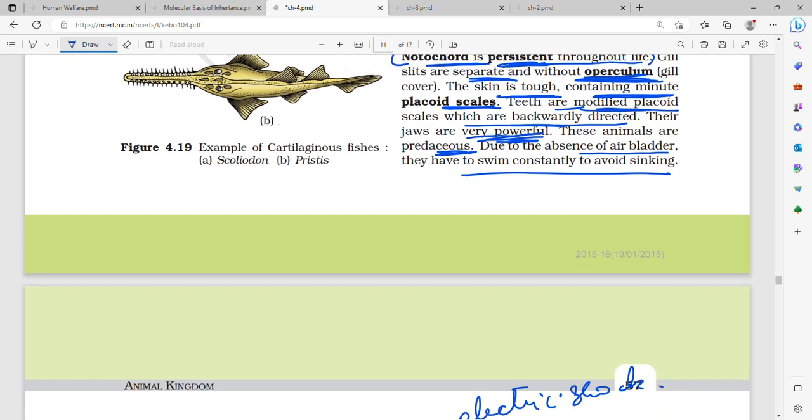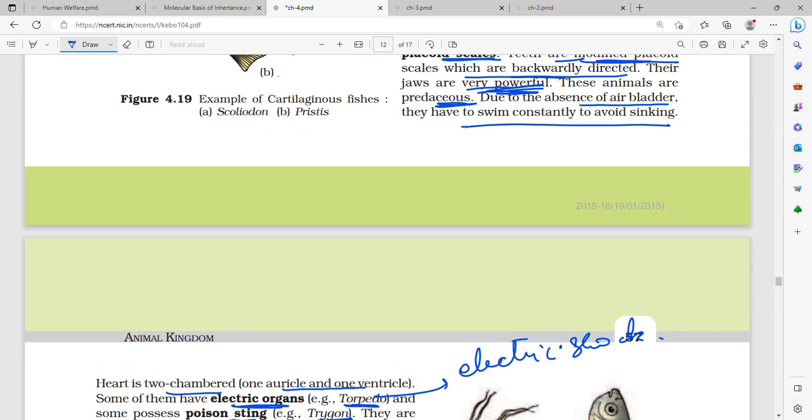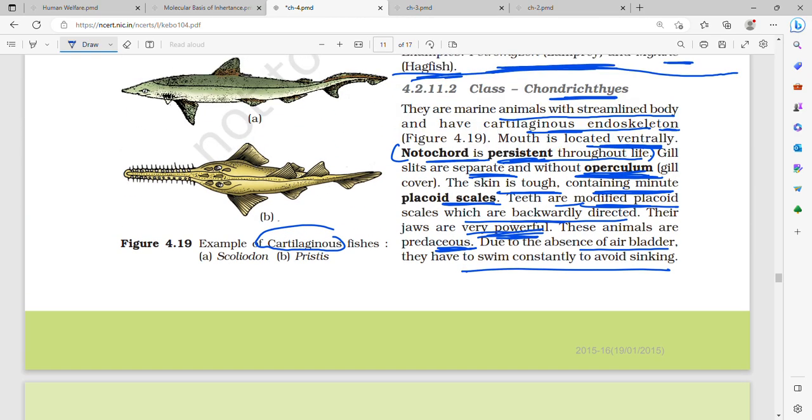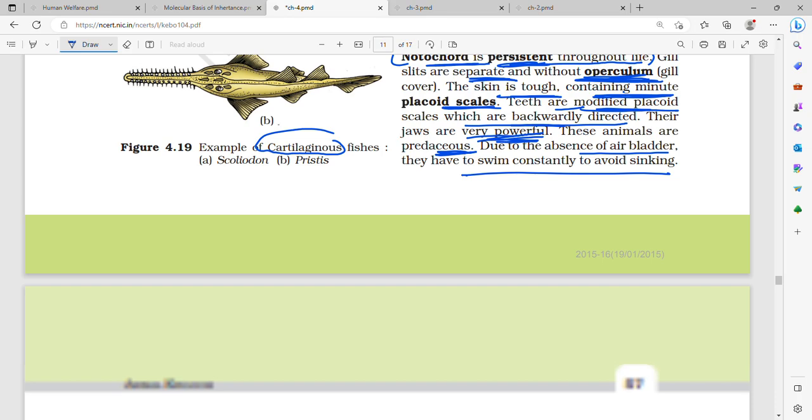Since they have a cartilaginous endoskeleton, they are called cartilaginous fishes.